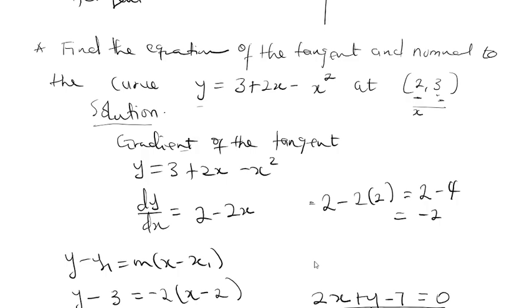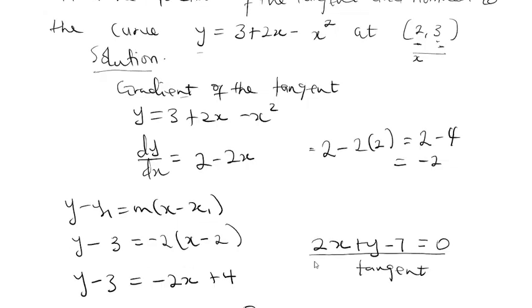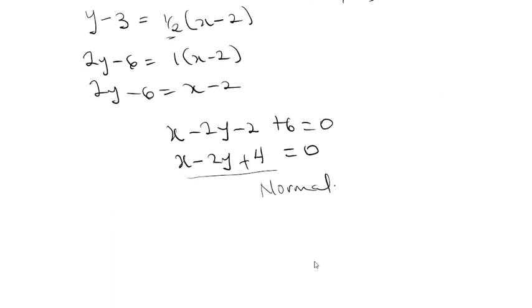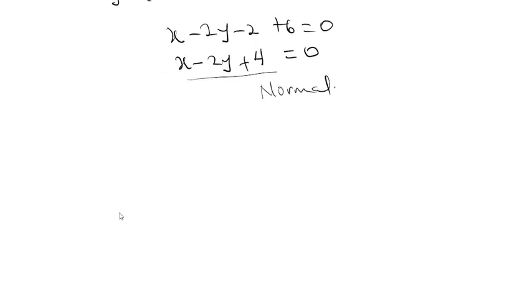Then the negative reciprocal of that will give you the gradient of the normal. Then you can use that together with the point to find the equations of both the normal and the tangent. All right. So let's take another example on that.